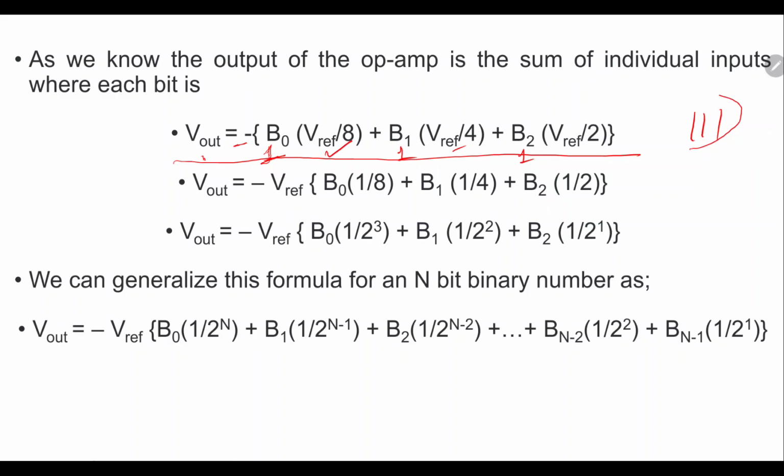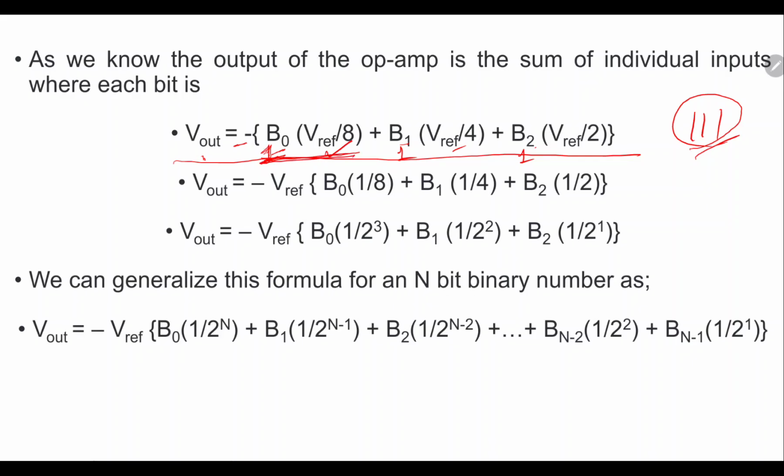Now we are considering that if all the values we are getting together, all the 1s, then what will be the generalized equation? So here B0, B1, B2, they are simply the values. Now if we are having 1, then this term will exist.